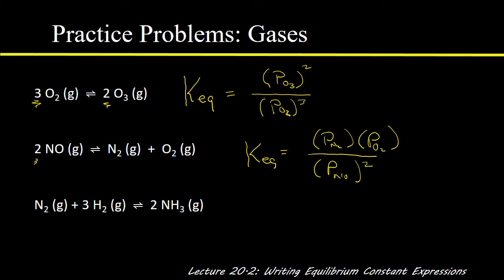So we put a 2 there on the NO. And for the last one, we'll have the partial pressure of ammonia raised to the second power divided by the partial pressure of nitrogen times the partial pressure of hydrogen raised to the third power. All right, pretty simple. And then if you're doing calculations, you need to make sure they're in atmospheres, but put them in without units. All right.